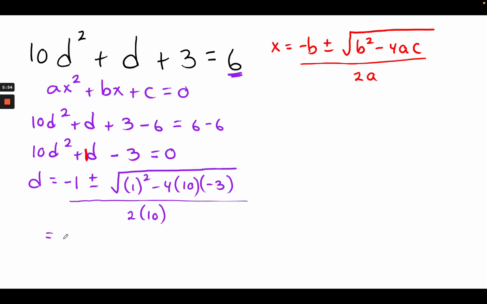So we get negative 1 plus or minus the square root of 1. Now I've got a negative 4 times 10, so that's negative 40. Negative 40 times negative 3 is positive 120, all over 20.